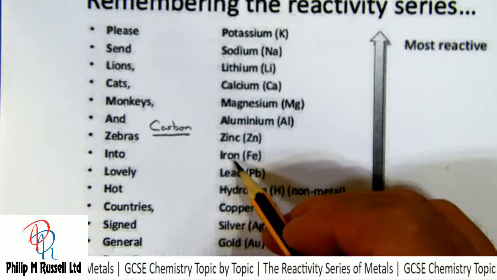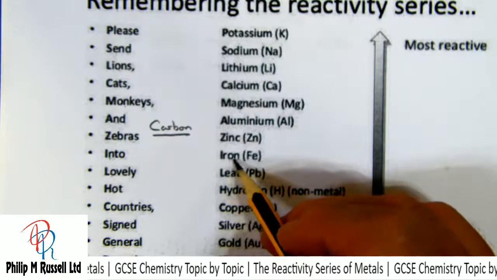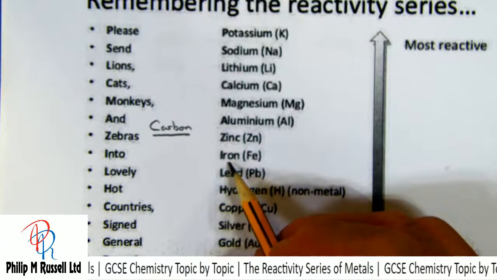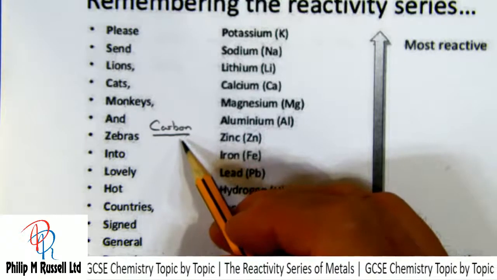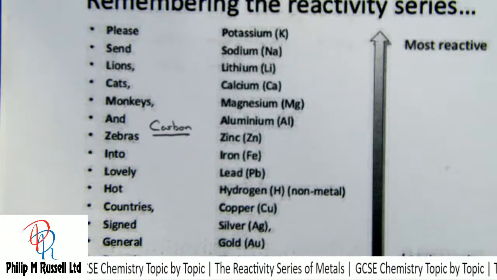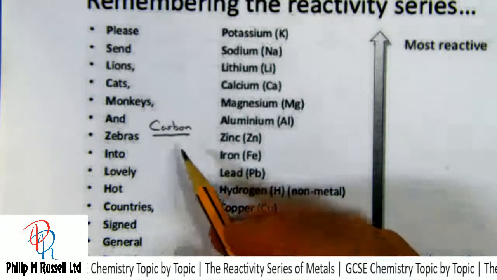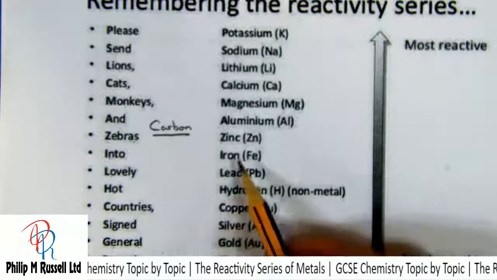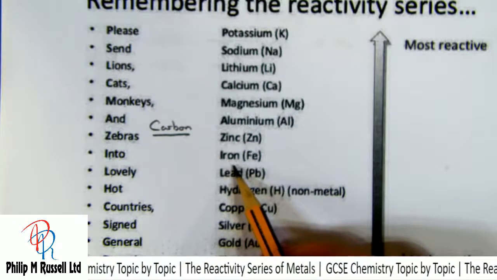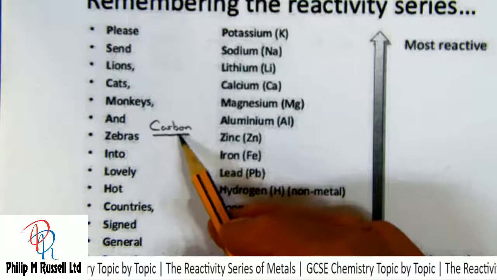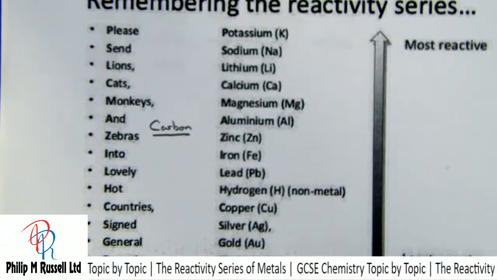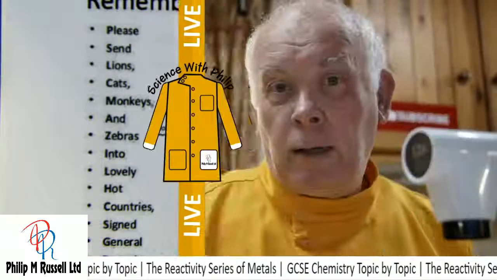Carbon, being more reactive than iron, can take the oxygen away from iron oxide, leaving me iron and carbon monoxide or carbon dioxide. We use carbon in the smelting of the iron ore because carbon is particularly cheap, and that's as good a reason as any.